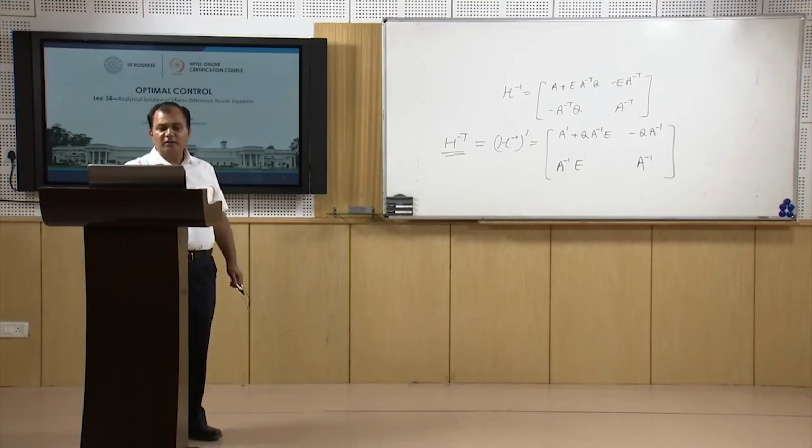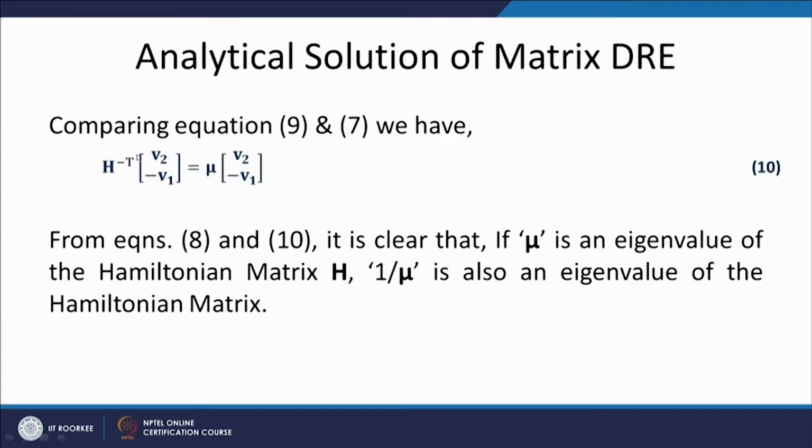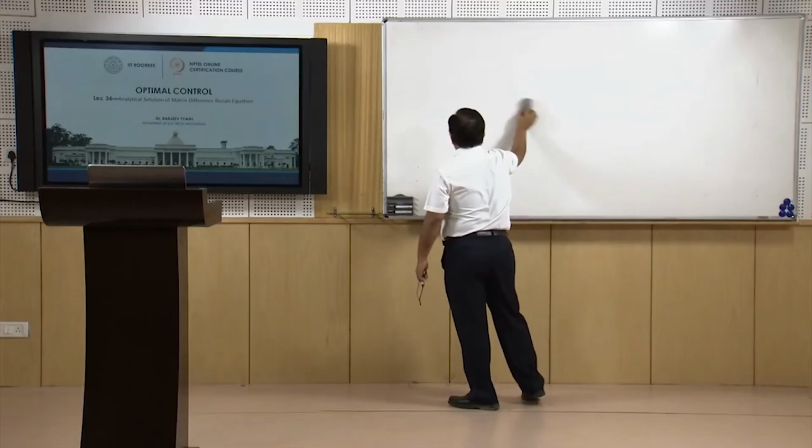So, I am getting this as transpose of the H inverse multiplied by V2 minus V1, equal to mu times V2 minus V1. What is the meaning of this?